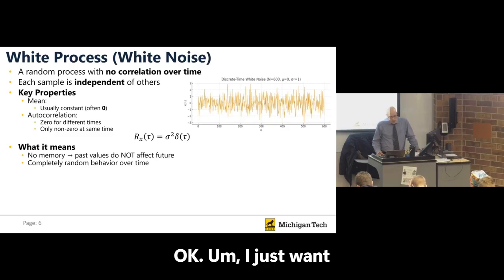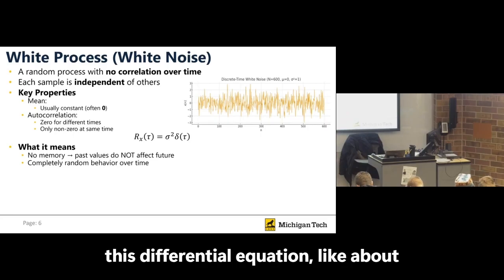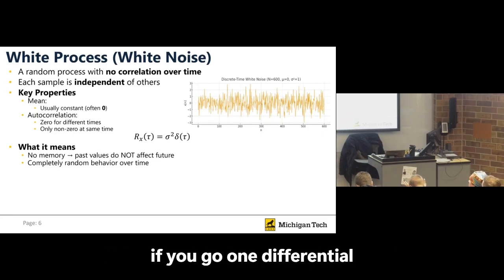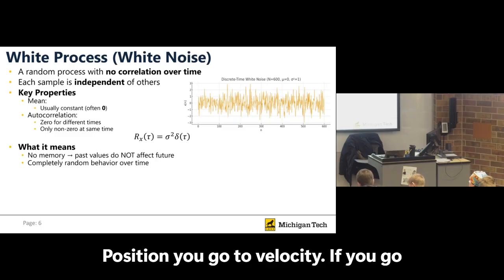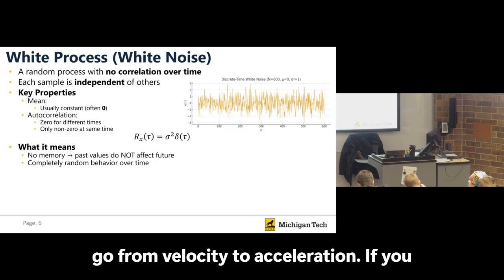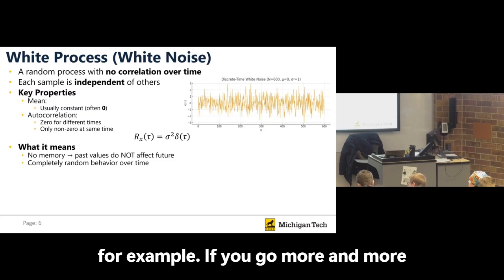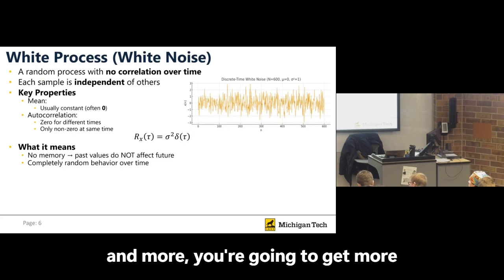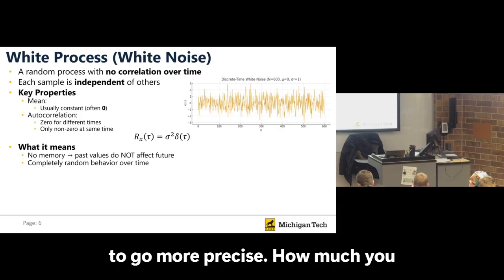Just one example about differential equations. If you differentiate once from position, you go to velocity. If you differentiate twice, you go from velocity to acceleration. If you go three times, you get jerk, for example. The more you go, the more information you get, depending on how precise you want to be.